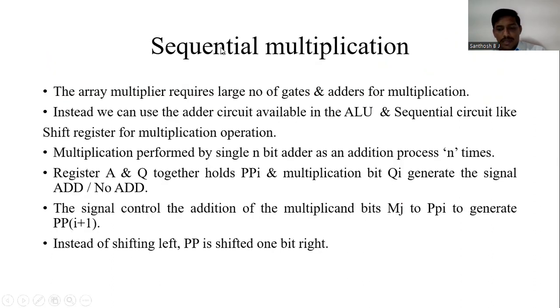So, sequential multiplication. Let's understand some concepts or rules of sequential multiplication. Normally we use an array multiplier or array multiplication. Here it requires a large number of gates and a large number of adders for the multiplication process.